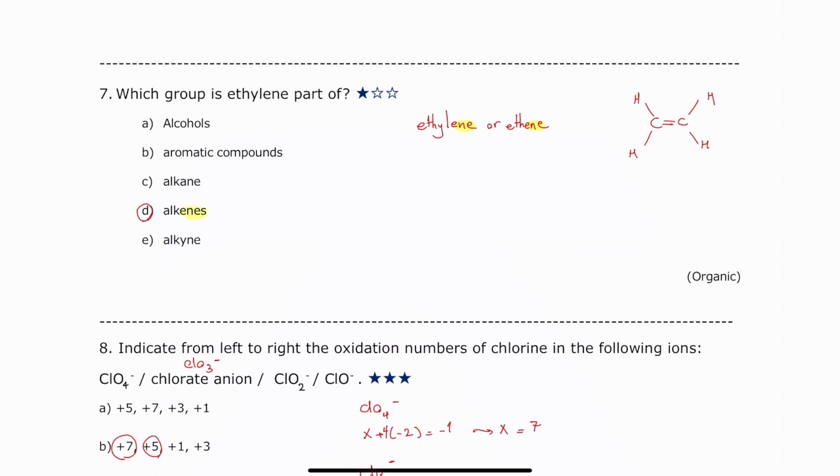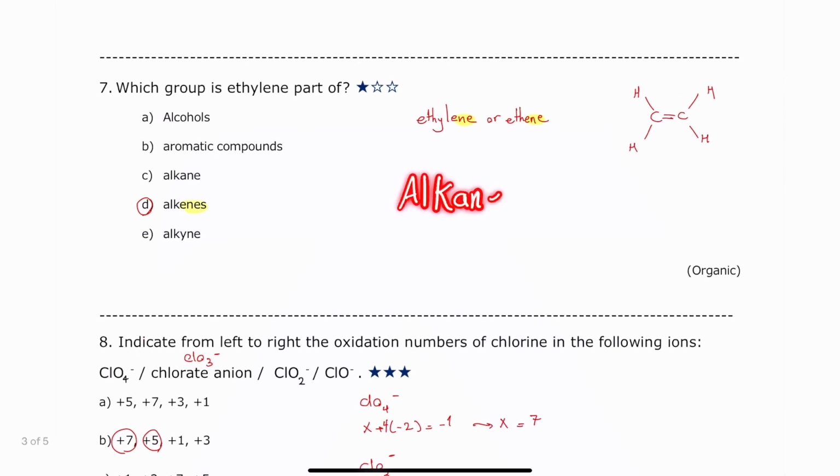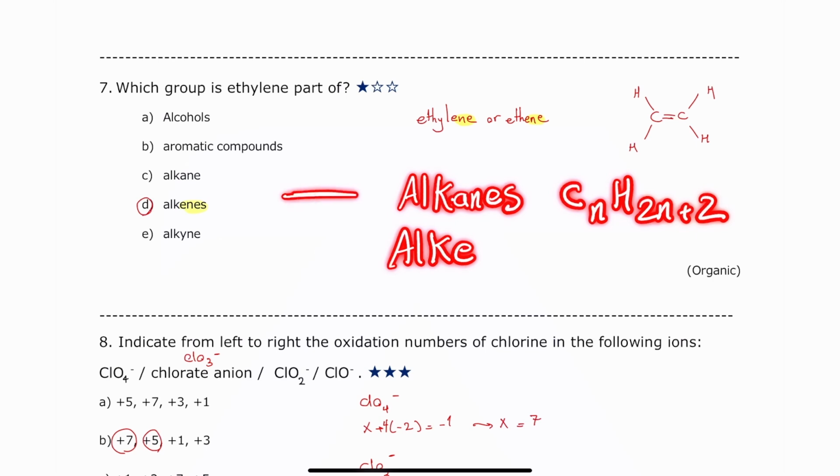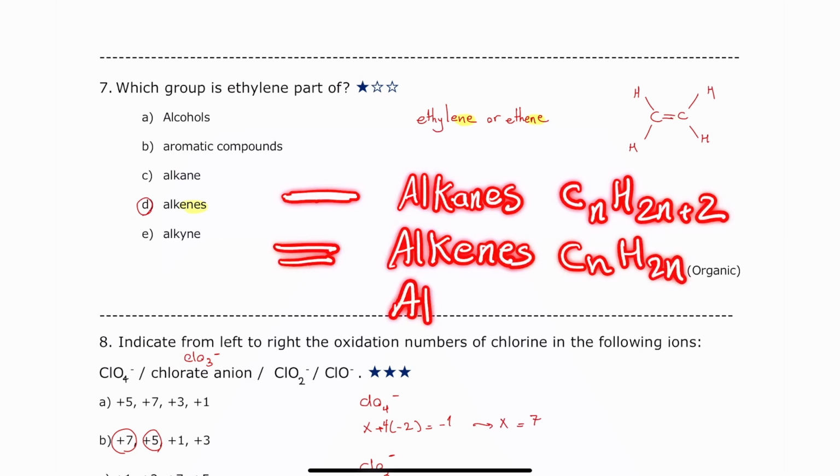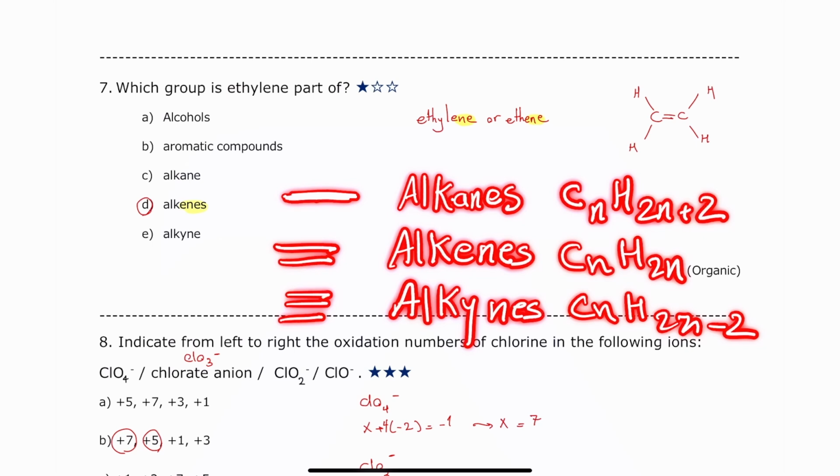Okay, the next one is asking which group ethylene is part of. The important thing about hydrocarbons is that there are some groups that we must know. For example, alkanes, just for a review, are CnH2n plus 2, and then we have alkenes, which are CnH2n and have double bonds, and then we have alkynes, which are CnH2n minus 2, and they have triple bonds.